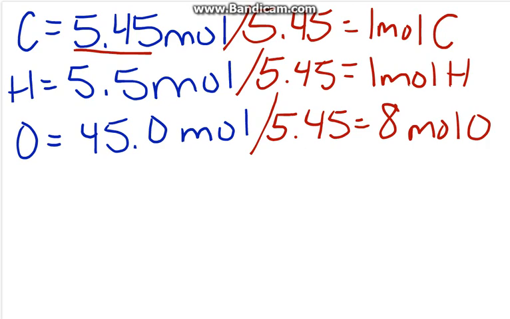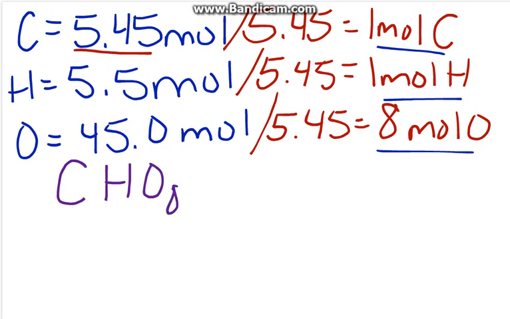Okay? So now we have to use these numbers that we just got, and those are going to be our subscripts. So our empirical formula is C1H1O8. Does not look like an 8. Let's fix that. That is the empirical formula.